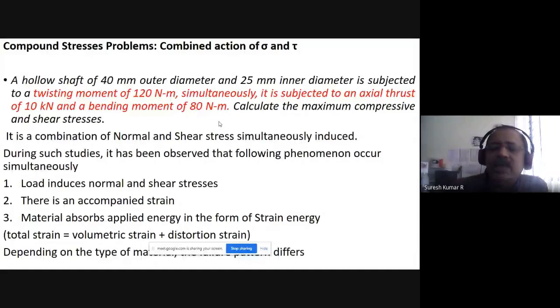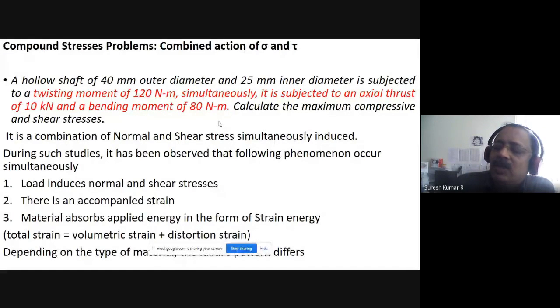Now what exactly is happening? When materials are subjected to these combined loads, the stresses induced can be normal stress, and simultaneously there will be shear stress. Whenever there is a load, there is a stress, and according to Hooke's law, whenever there is a stress, there is an accompanying strain.